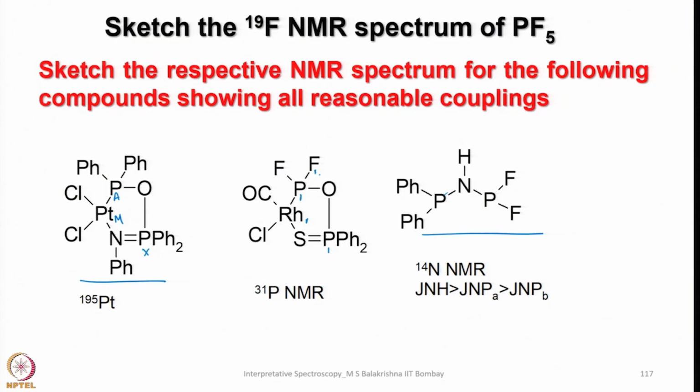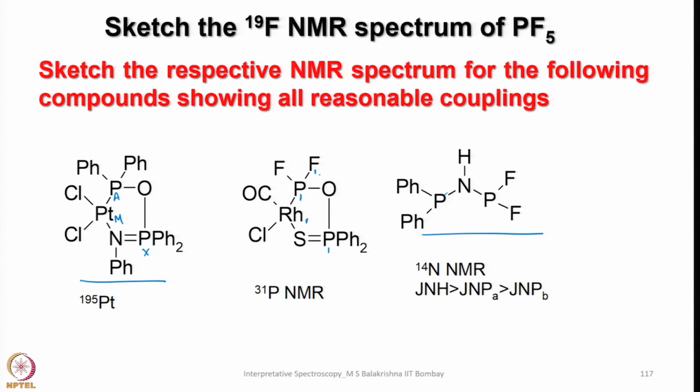As I said earlier, the rhodium 103 isotope is 100% abundant with I equals half. So, it couples equally, and then we have phosphorus, and the moment you look into the molecule you should be able to tell that there are two different types of phosphorus atoms. One is directly attached to rhodium with two fluorine atoms and one oxygen on it, whereas the second phosphorus is doubly bound to sulfur and is not directly connected to rhodium.